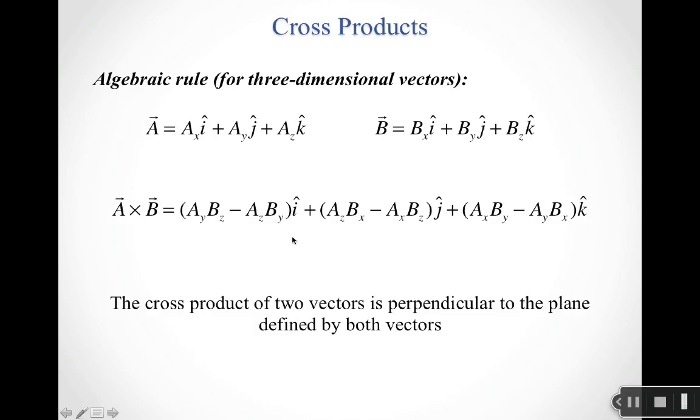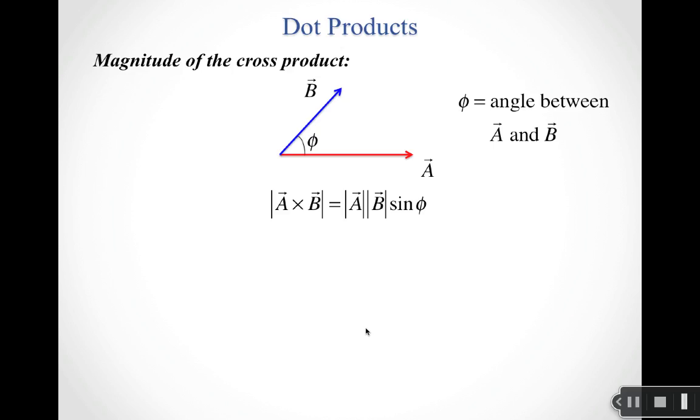And the cross product of those 2 vectors will always be perpendicular to that plane. So one of the things that we'll emphasize here is that the cross product will be perpendicular to both vector A and vector B. So we'll take advantage of this, the fact that the cross product is going to be perpendicular to the plane defined by our vectors. We'll take advantage of that in working some of the problems that will deal with cross products.